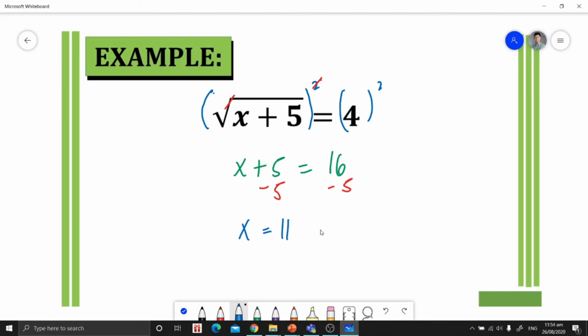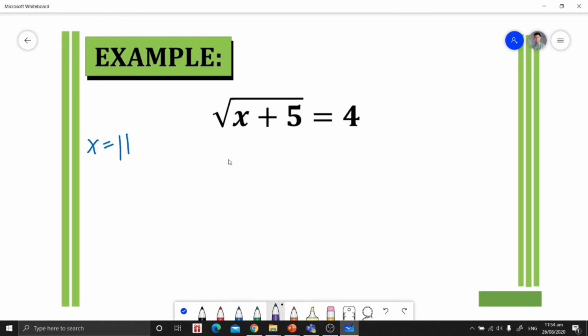Now, after getting the value of the variable, we're going to apply checking. In checking, we just substitute the value of x that we got into our original equation. So we substitute 11 for the variable x, and then let's see if it will satisfy our equation.